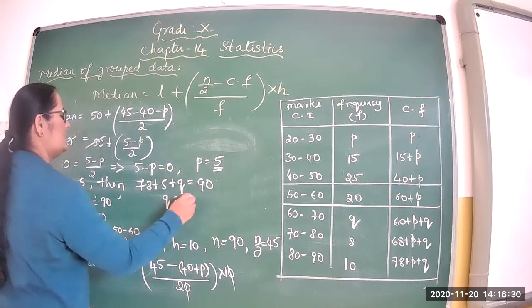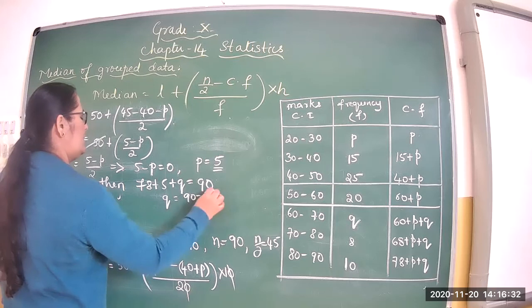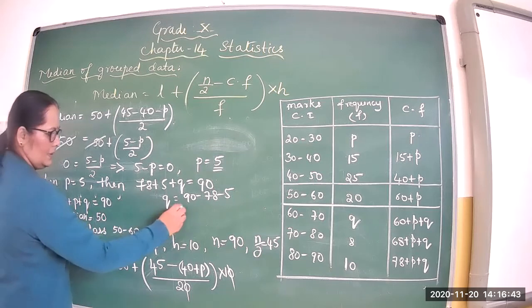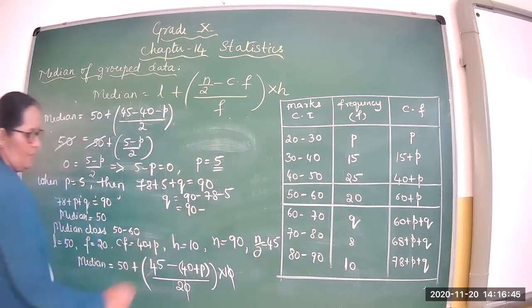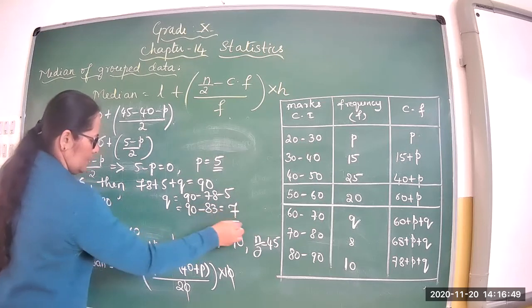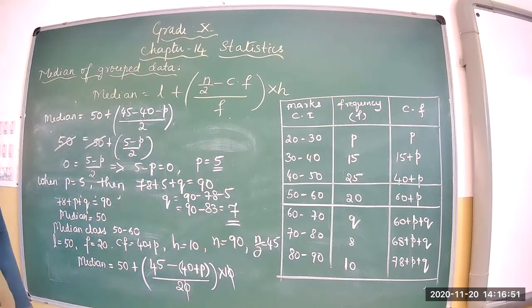So Q equals 90 minus 78 minus 5, which is 90 minus 83, that is 7. So the Q value is 7.